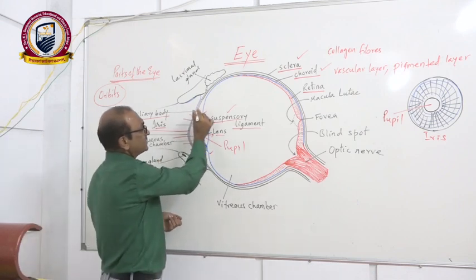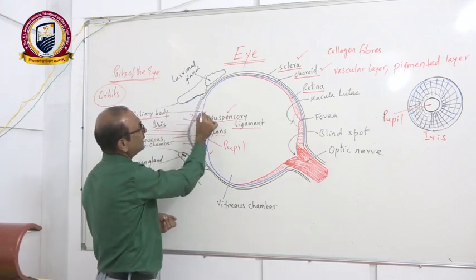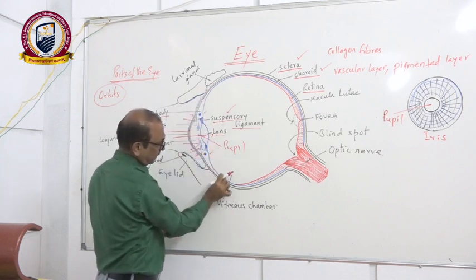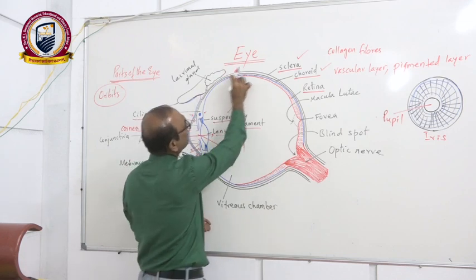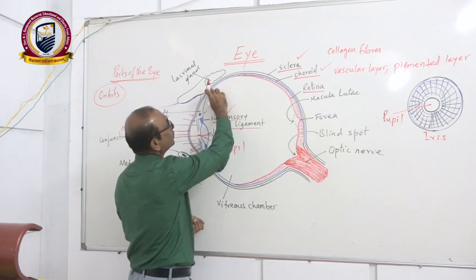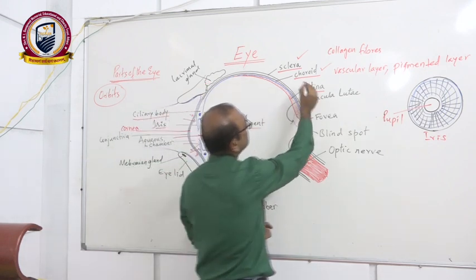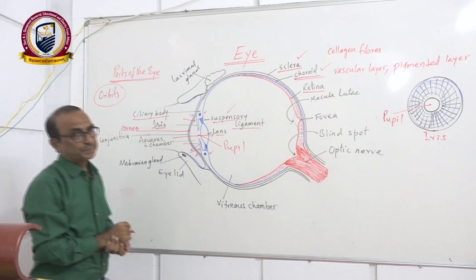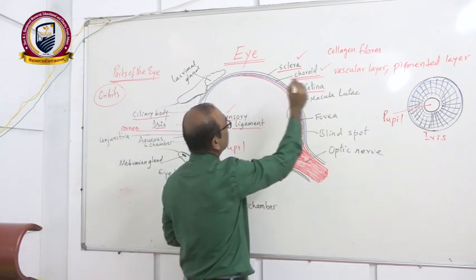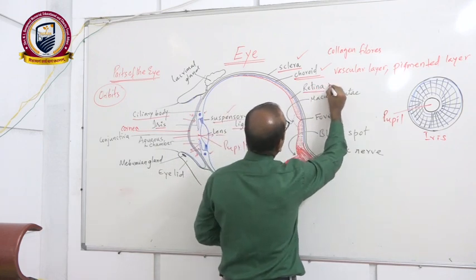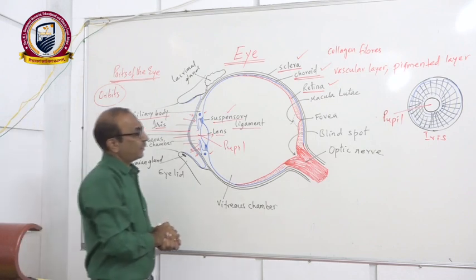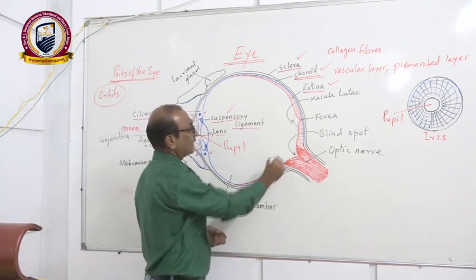So this is the ciliary body we have seen, which is thick in the front but becomes thin as we go posteriorly. And that ciliary body continues as what? Here, that is the second layer, the choroid. Clear? Now the third layer is called the retina, a very important layer of the eye, which covers the inner surface of the eyeball.